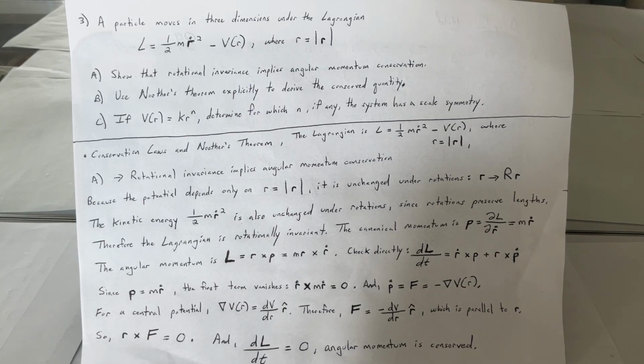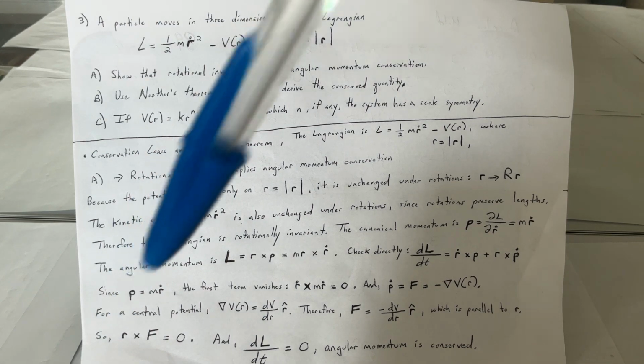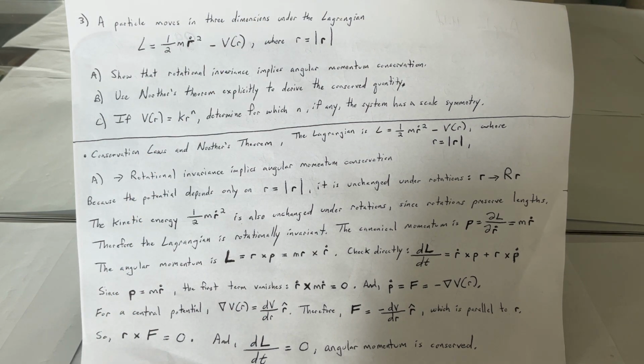And for a central potential, gradient V of r equals dV/dr r hat. So therefore, F equals negative dV/dr r hat, which is parallel to r. So we get r cross F equals 0, and dL/dt equals 0. Angular momentum thus is conserved.